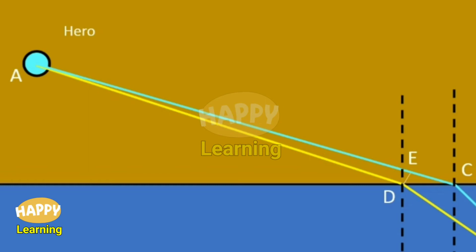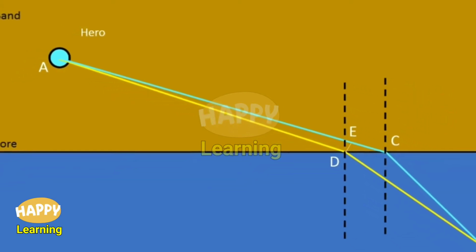So by comparison, we can say that if this hero prefers the ACB path instead of ADB, he has to run an extra distance EC on the sand.